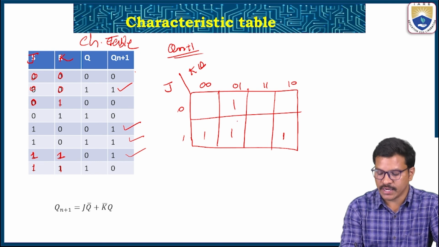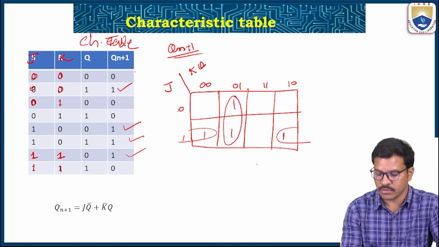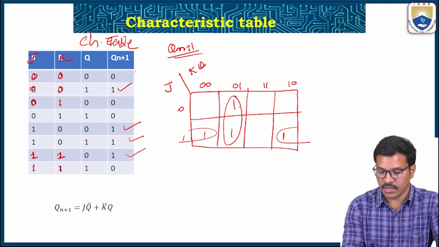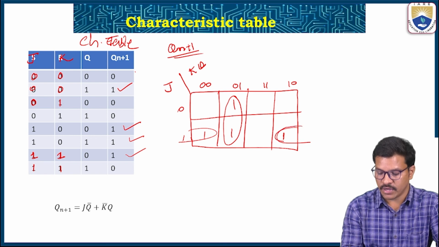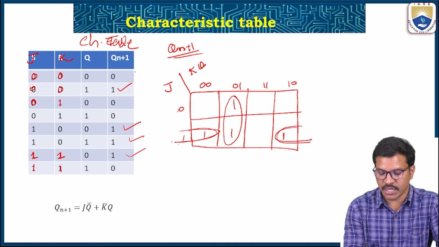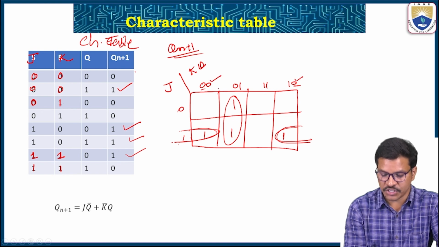Now consider this one is 1, this one is 1. What is the Boolean function for this pair? It is J, and the common one in these two columns is Q bar, so the first term is J Q bar.